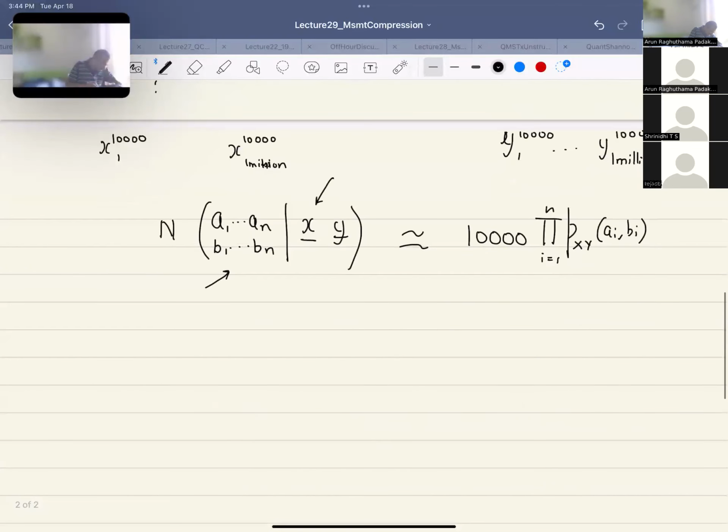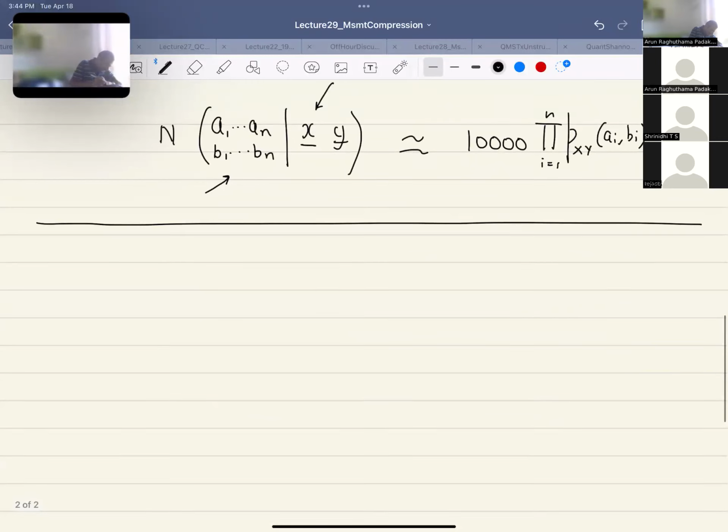Now, let us cut one thread off. Let us only give X to Alice. So Alice is only seeing X. Okay. What should she give to Bob? Some protocol.